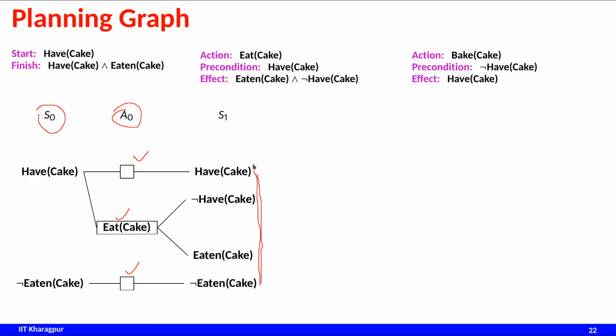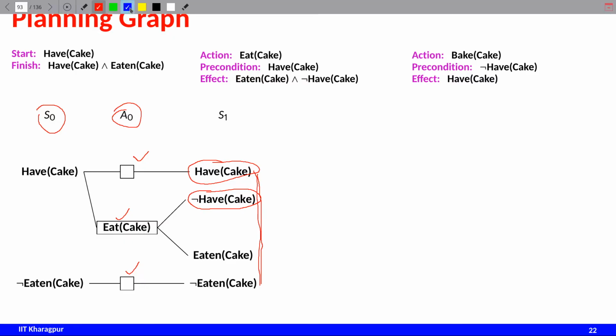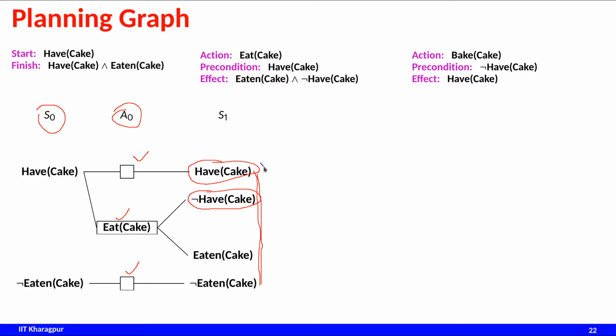Now if you look into the set of literals that are being generated, like have cake and not have cake, in this state at S1 I cannot have a situation where both of them are true simultaneously.